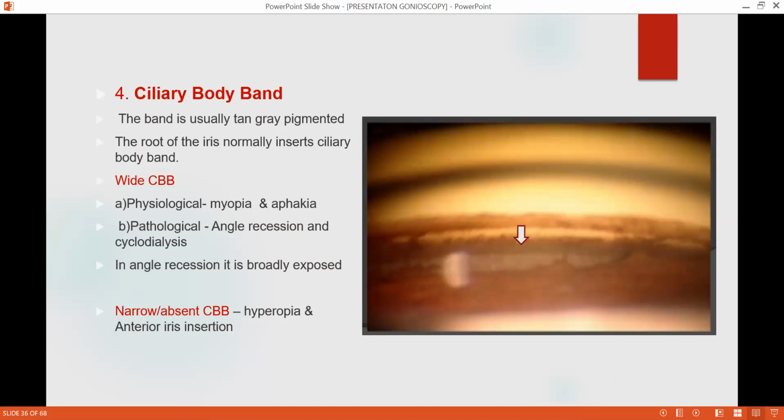In pathological conditions like angle recession, post-ocular trauma, or cyclodialysis, part of the ciliary body band can be seen. As shown in this clinical photograph, part of the ciliary body band is visible because of angle recession. A narrow or absent ciliary body band is seen in hypermetropia or in cases of anterior iris insertion.